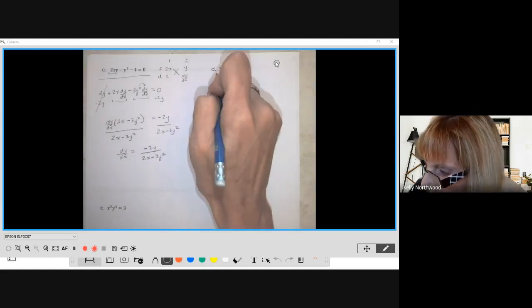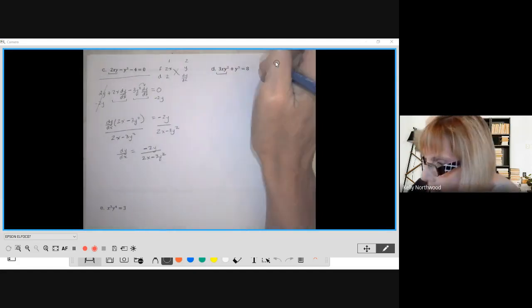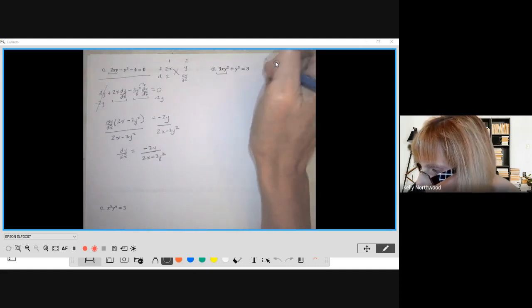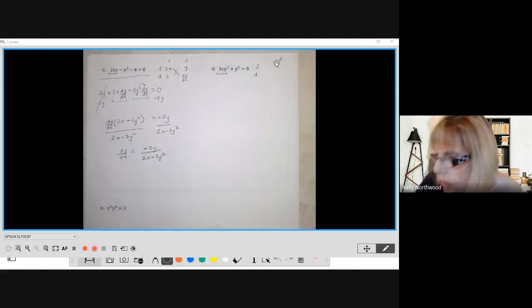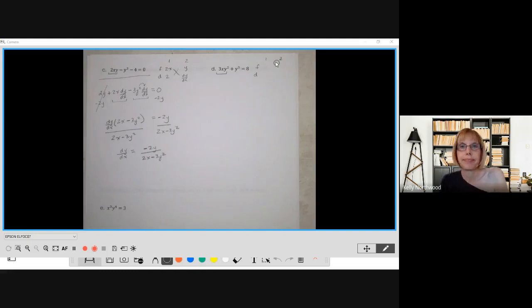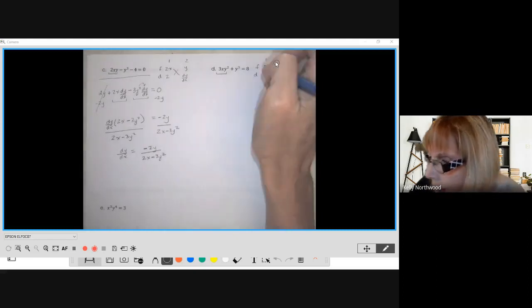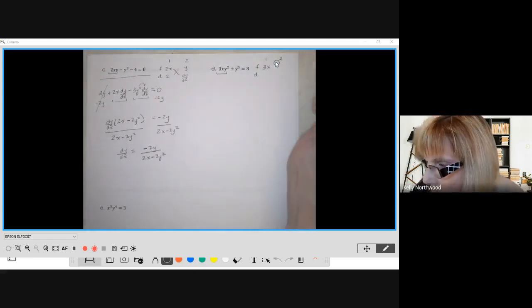For D, this is going to be a product rule. So see if you can set up your first, second, function, derivative. So your first function's 3x.